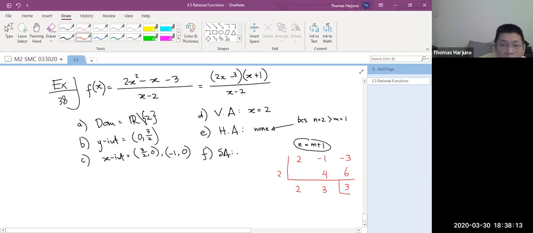So the slant asymptote is y equals 2x plus 3. Where do I get the 2x plus 3? From here. You may want to write it down first before I proceed with the graphing.